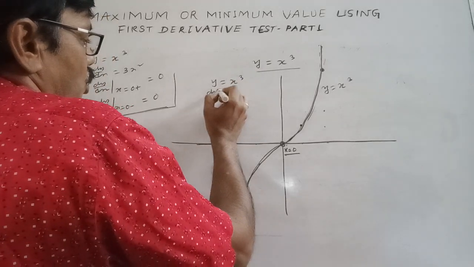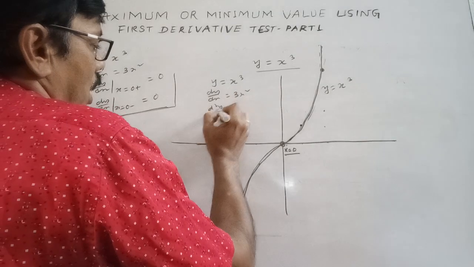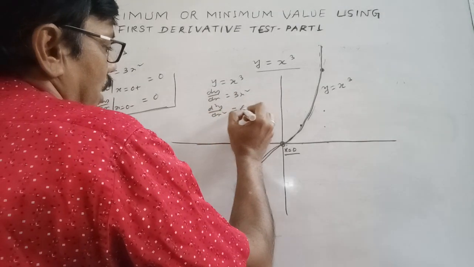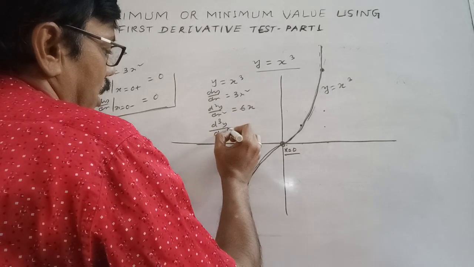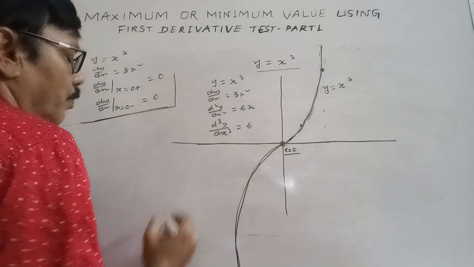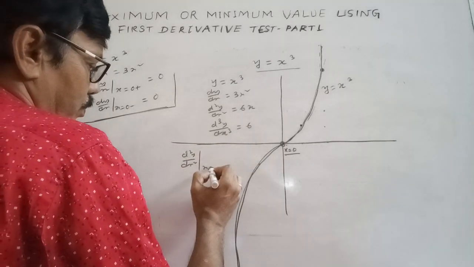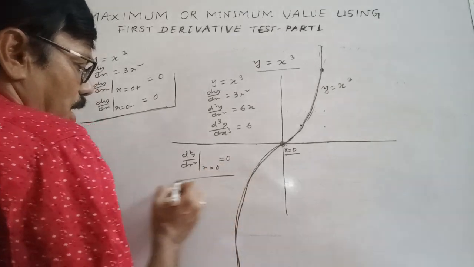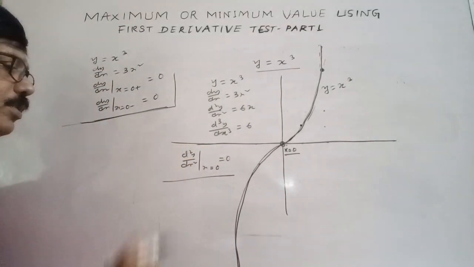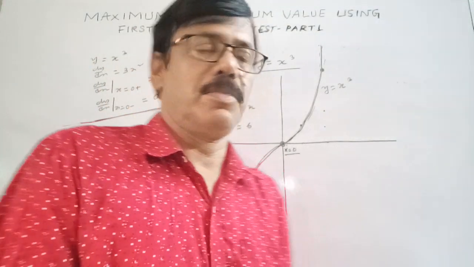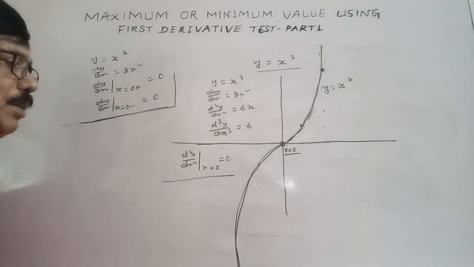So point of inflection, if you consider y equals to x cube, dy by dx is 3x square, d2y by dx2 is 6x and d3y by dx3 equals to 6. So double derivative at x equals to 0 equals to 0. If it is positive, you know it is minimum value. If it is negative, then maximum. So you cannot conclude whether it is maximum or minimum.